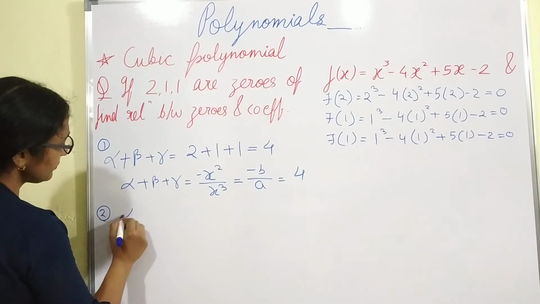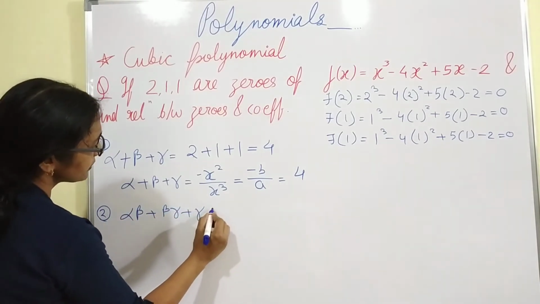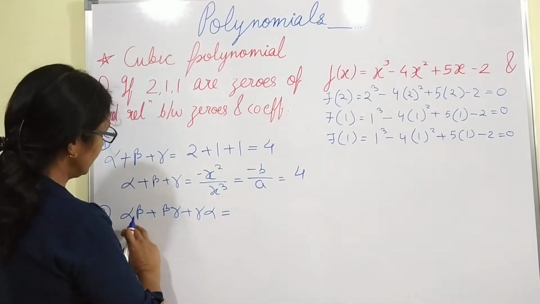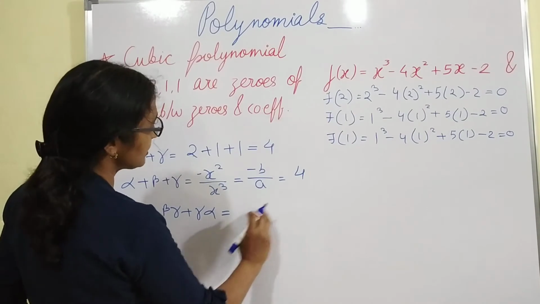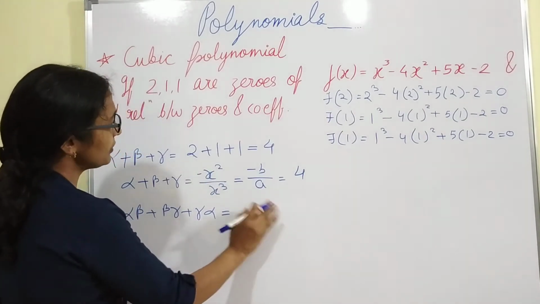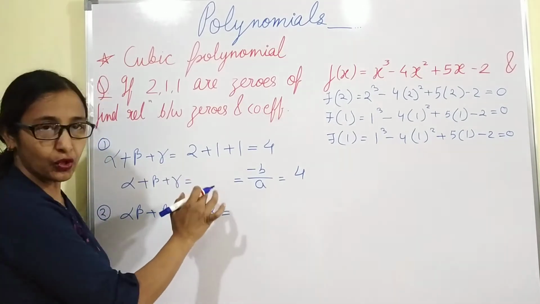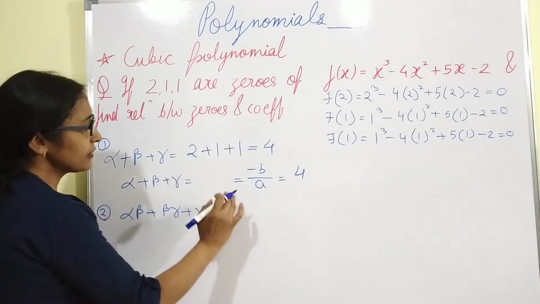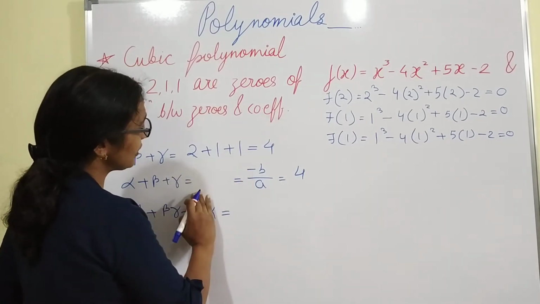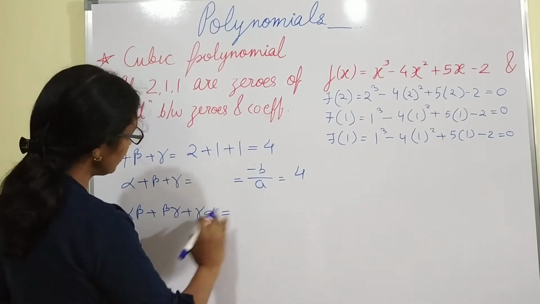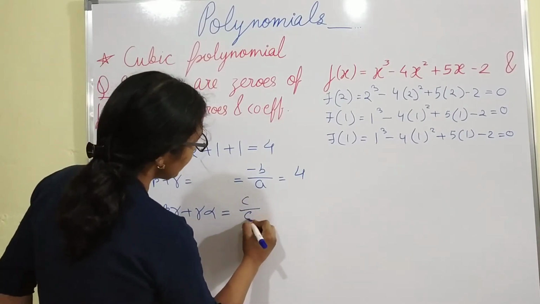Now the second is the sum of the product of zeros. The sum of the product of zeros is the coefficient of x upon x cube, that is c upon a.